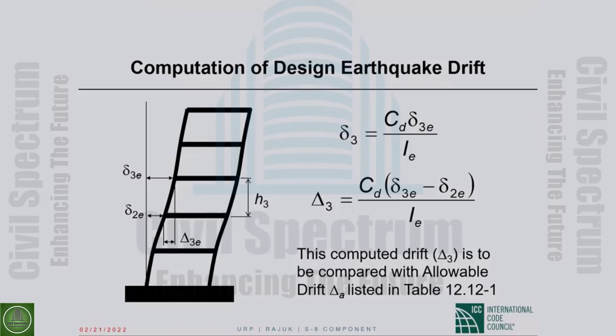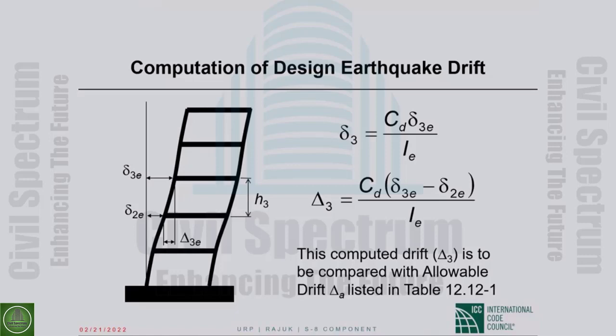The drift limit for a hospital is half that of an office building on the same site. For an office building, the interstory drift we allow is 2% of story height. For a hospital, the interstory drift we allow is only 1% of story height.